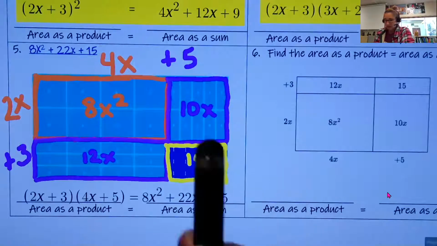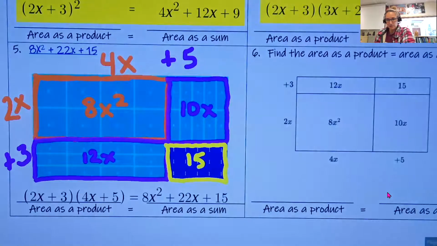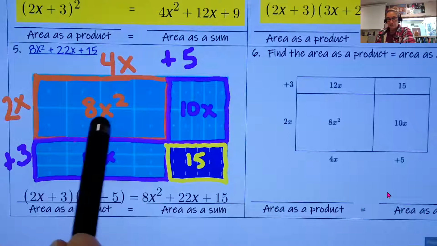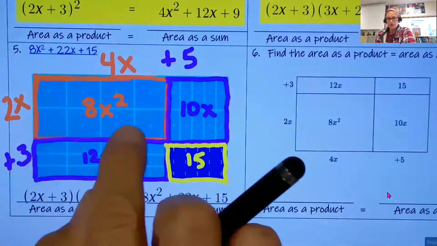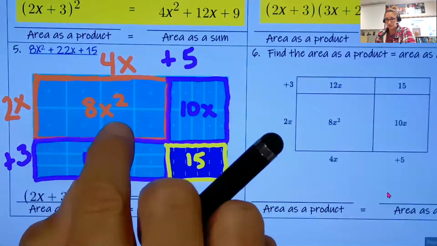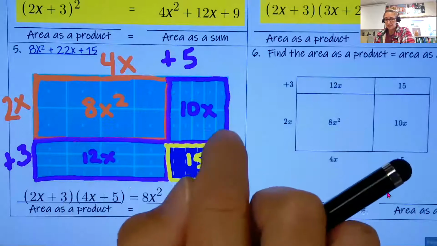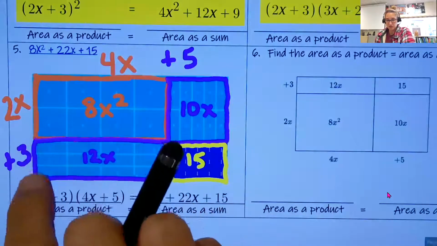What I had asked you guys to think about was to look at these two and see if there was any relationship between them. What you'll notice, and I drew this in with the class today, is that here I have grouped my x squareds, and there were 8 of them. Then here I had x's, 10 of them, 10x, and I had more x's here, 12x.